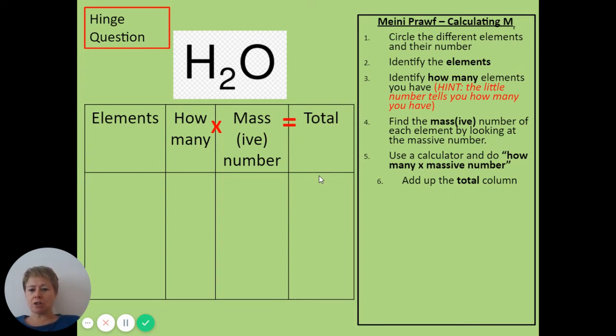There are 2 hydrogens with a mass number of 1. There's 1 oxygen with a mass number of 16. So you should have ended up with 2 times 1 equals 2, and 1 times 16 equals 16, giving you a total of 18.